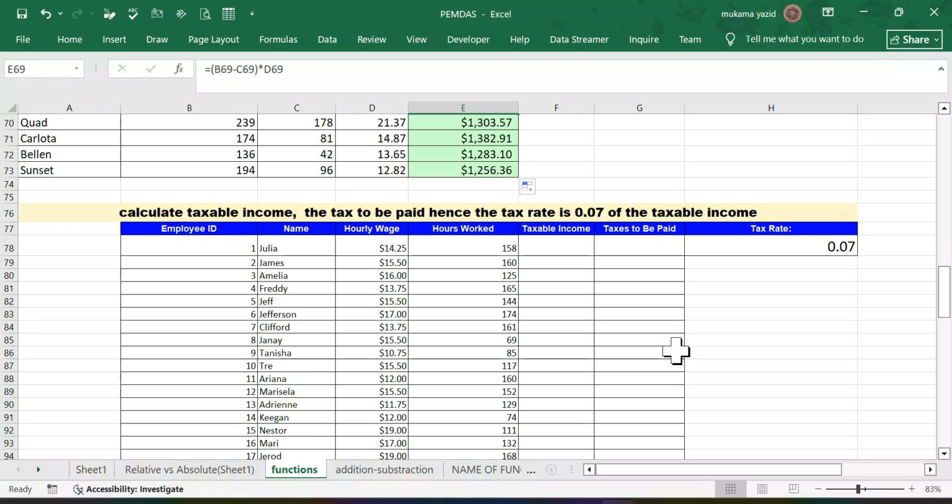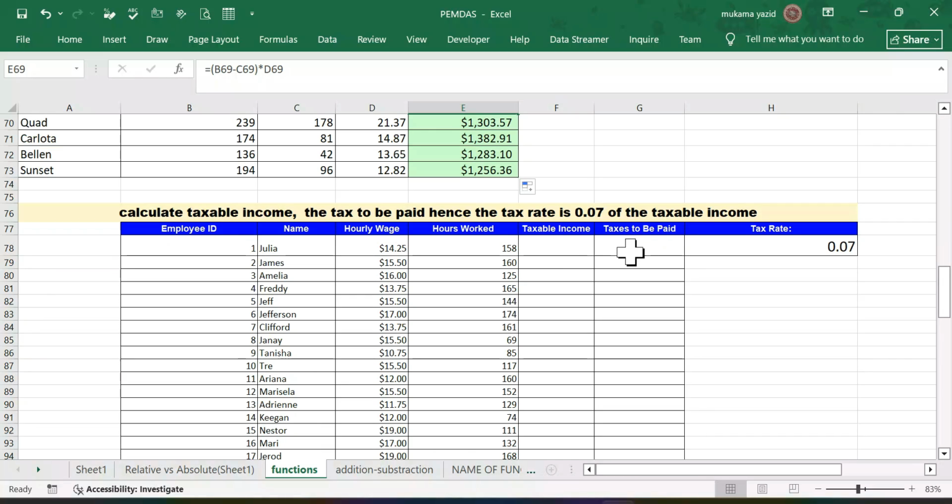If you want to get the taxable income, taxable money means the money that they are going to deduct tax from, the total money you have, so that they can get tax from. That is the taxable income.